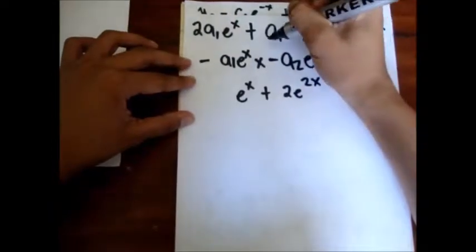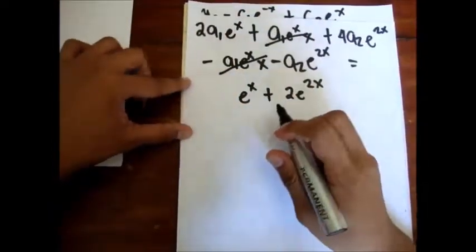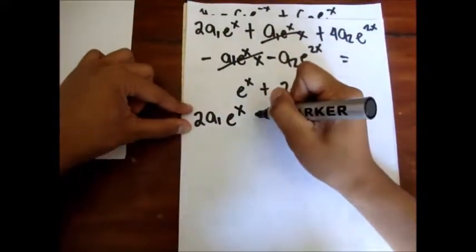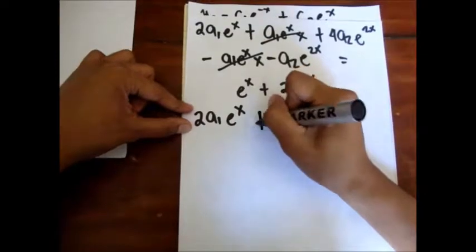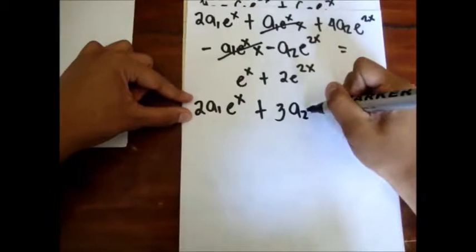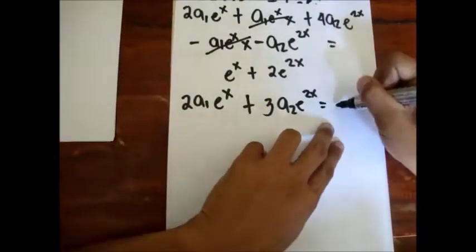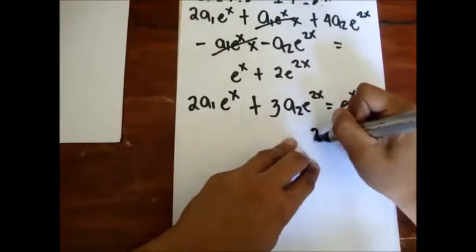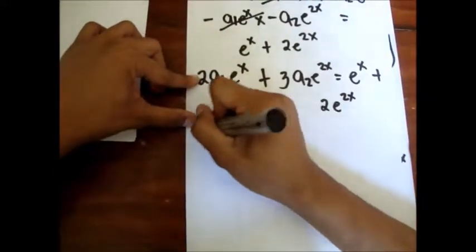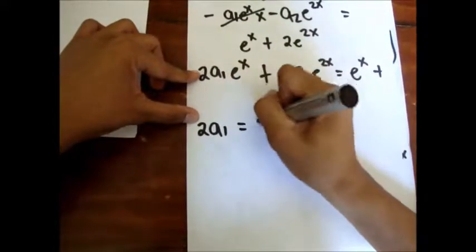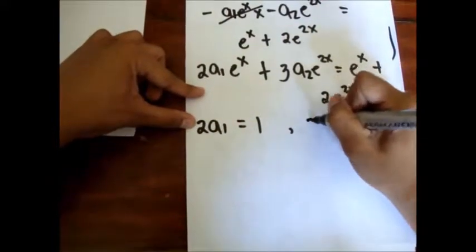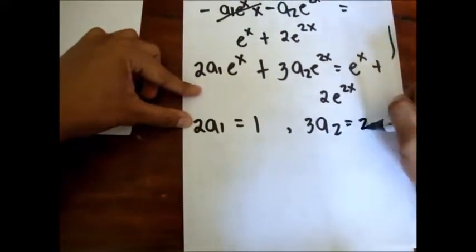So cancel this, we get 2a1 e raised to x plus, the same terms, 3a2 e raised to 2x equals e raised to x plus 2e raised to 2x. Then we will find the value of a1. So 2a1 equals 1, and 3a2 equals 2.